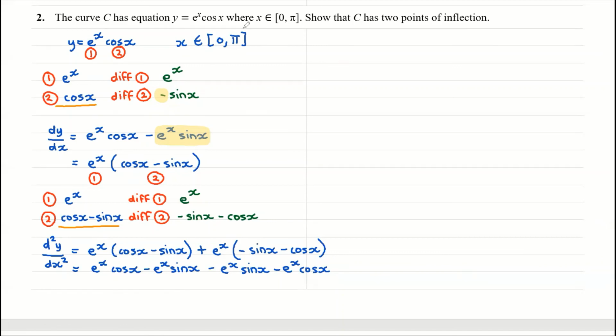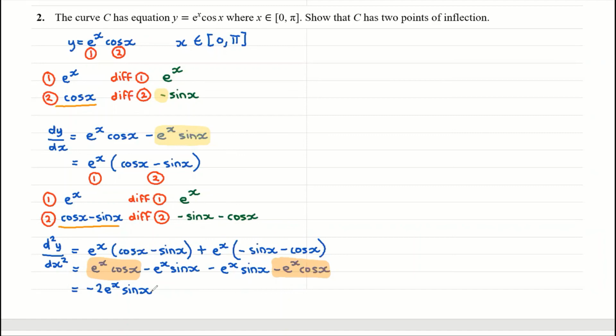The e to the x cos x here is going to cancel with the negative e to the x cos x there. And we don't have any more cancellation. We've actually got minus 2 e to the x sin x after all that work. So it's going to equal minus 2 e to the x sin x. Okay, so there's our second derivative.